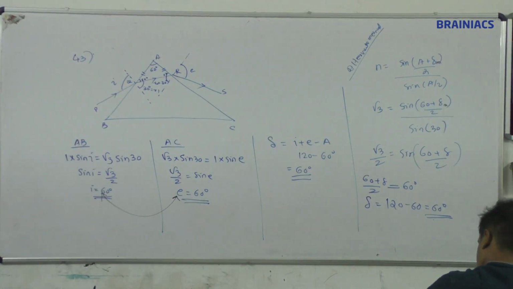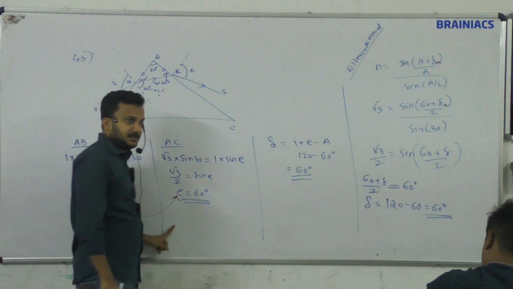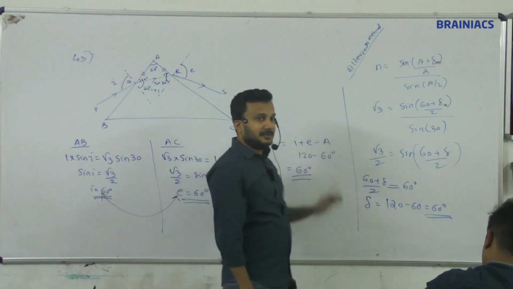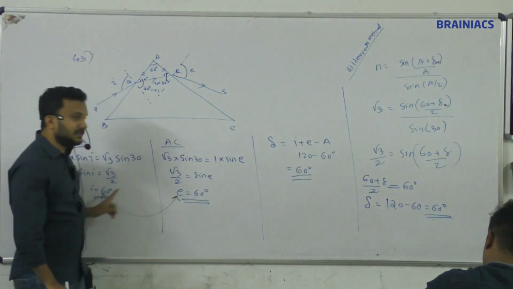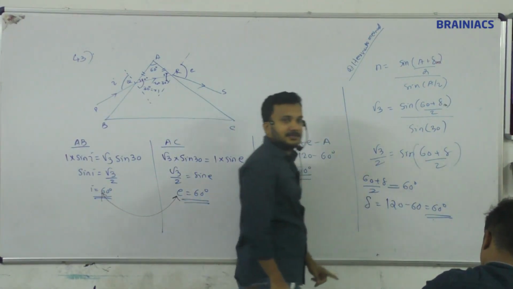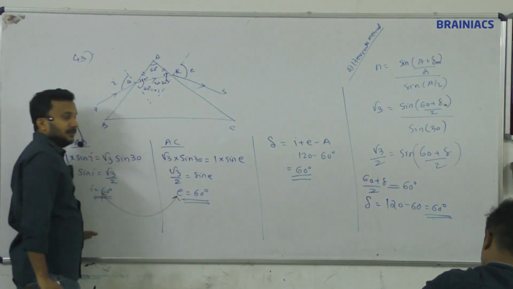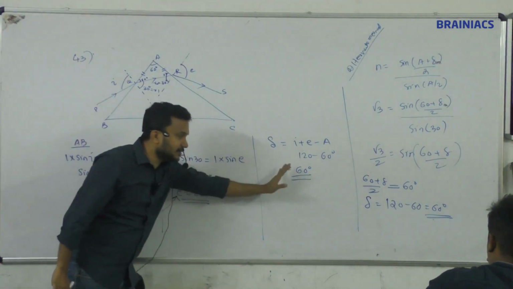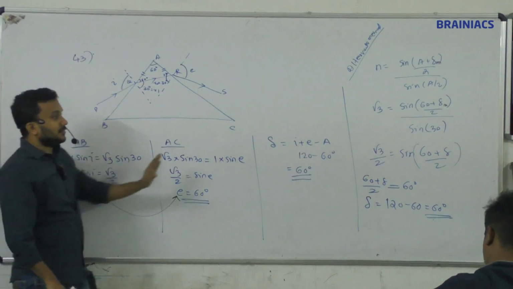When I is equal to E, this will have minimum deviation. So this way we can answer, but this is a risky method. Luckily it comes as I equal to E. For those who followed this method, you got the correct answer. Else you will not get the correct answer. This is not always true.